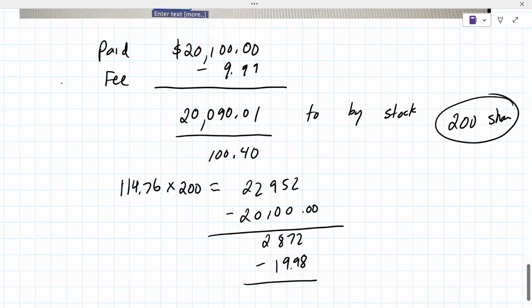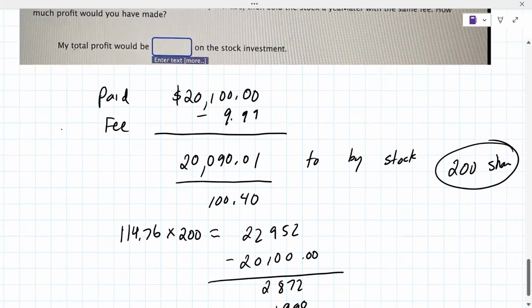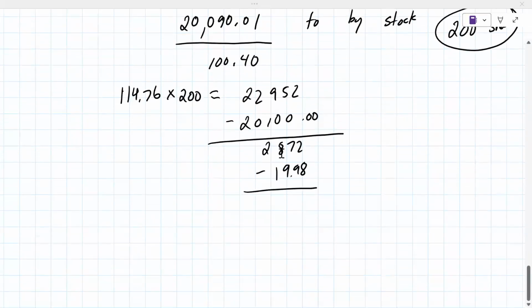You have to subtract that from it. Now, does it say to round? No. So this ends up being $2,832.02. Oh, wait, I must have done my math wrong. Give me one more second. Sure.